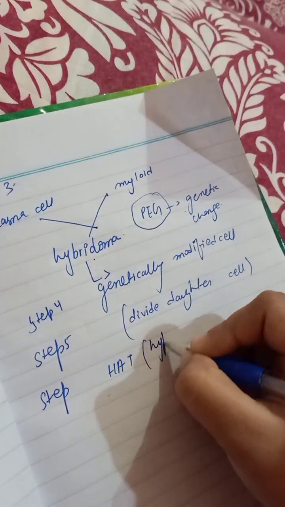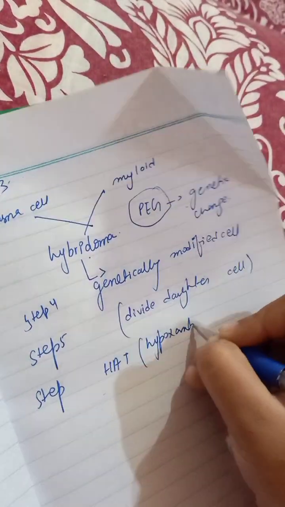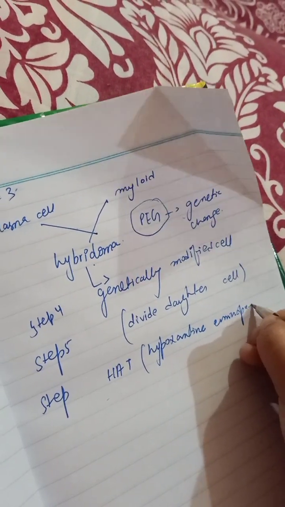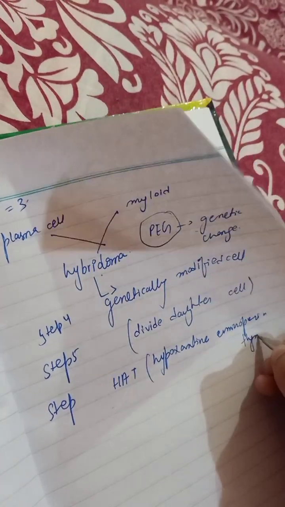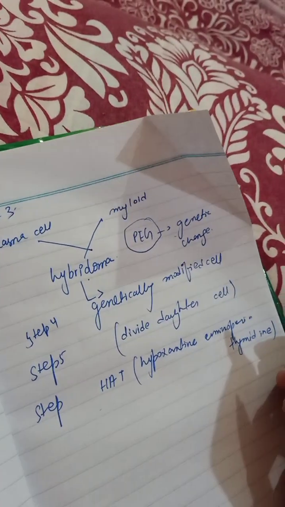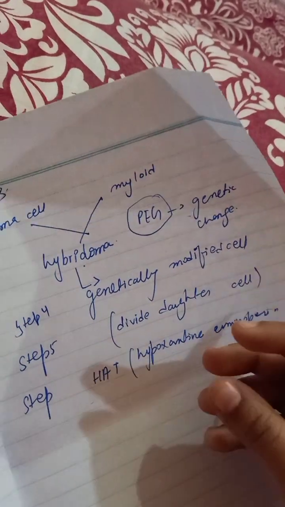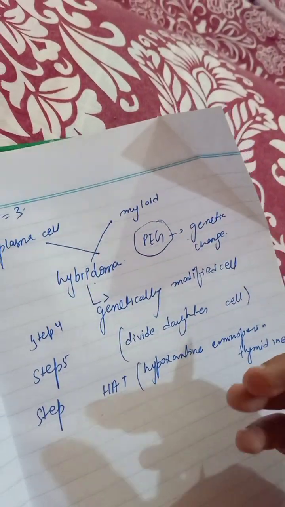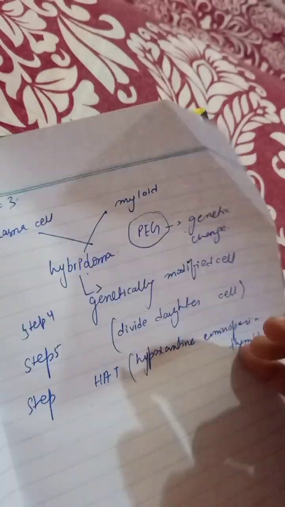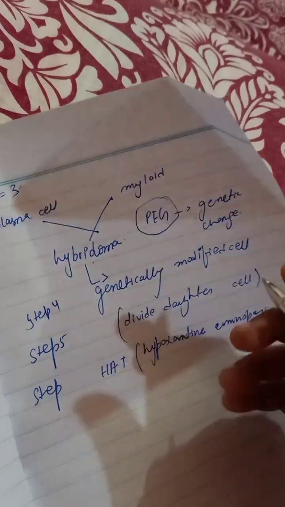HAT is hypoxanthine, aminopterin, thymidine. This is the testing medium. Some cells don't grow, so they get separated out, and the cells which are growing continue to be checked to see whether they have divided or not.